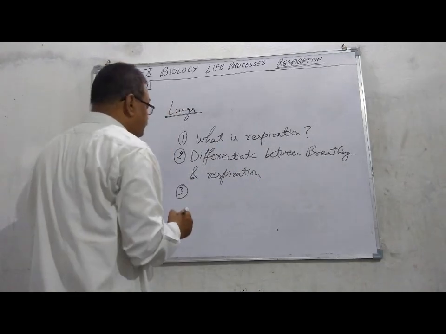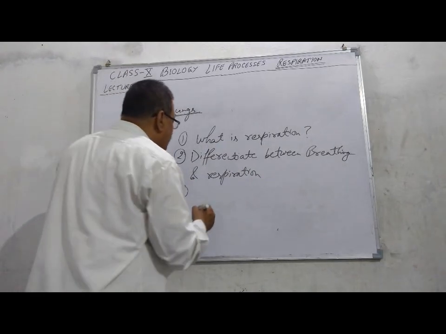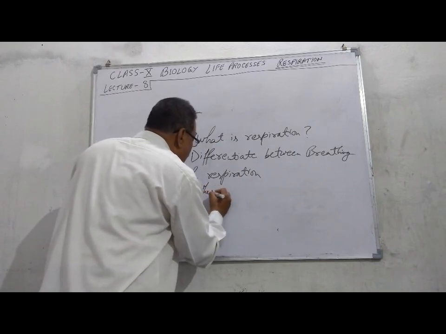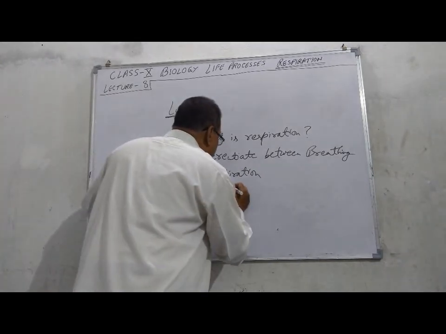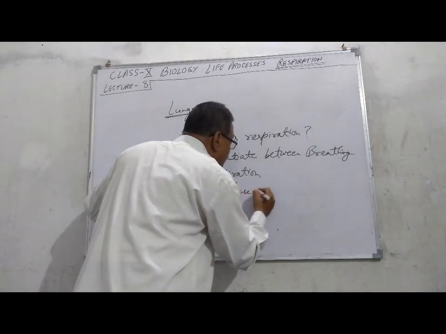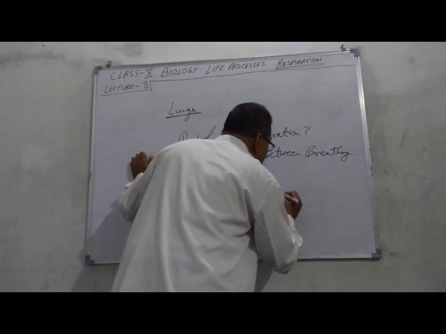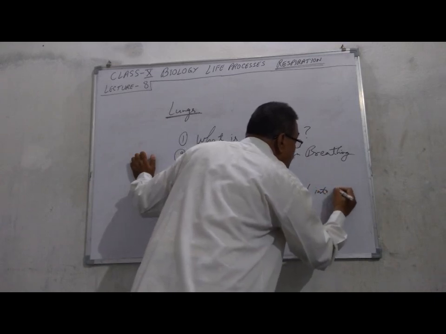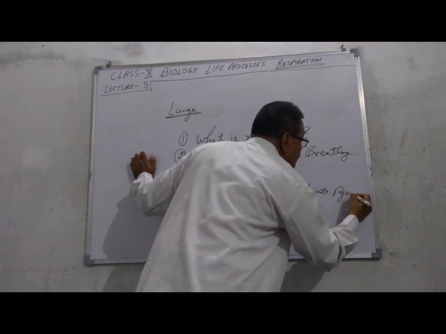Third question: where is glucose converted into pyruvate?